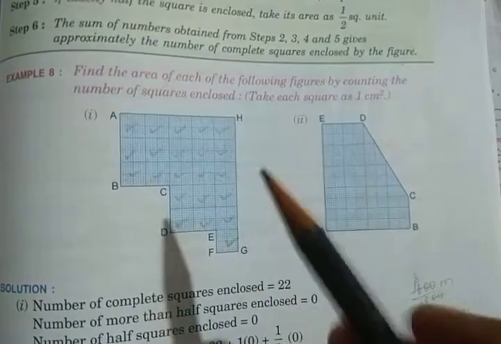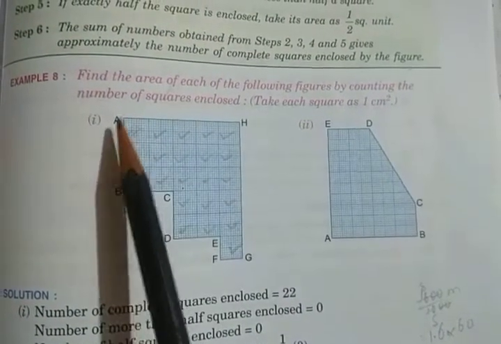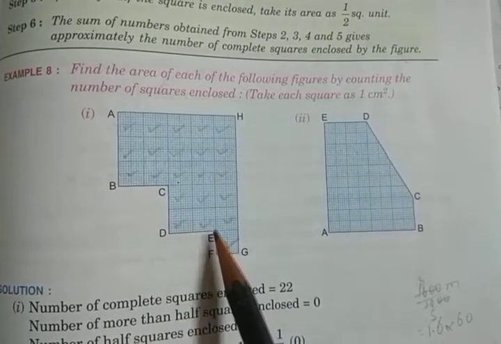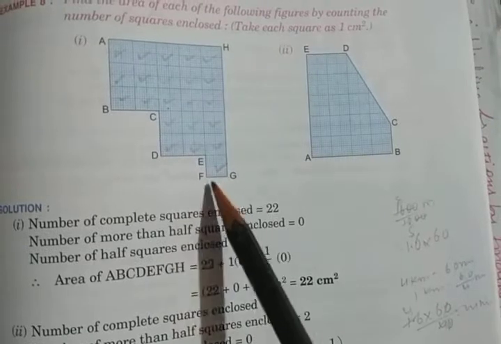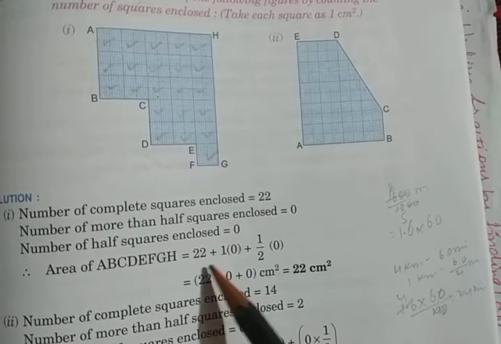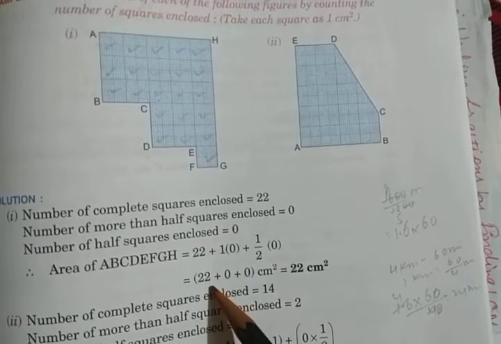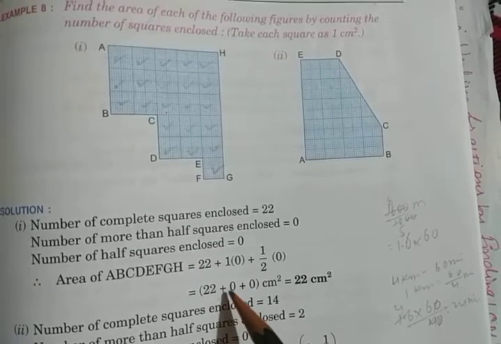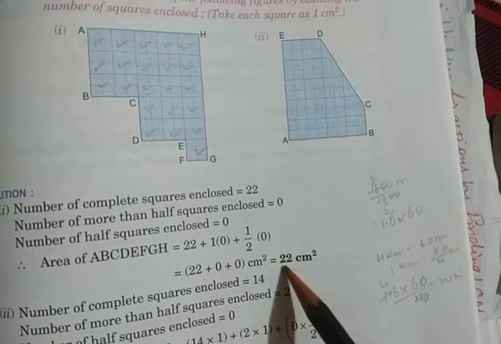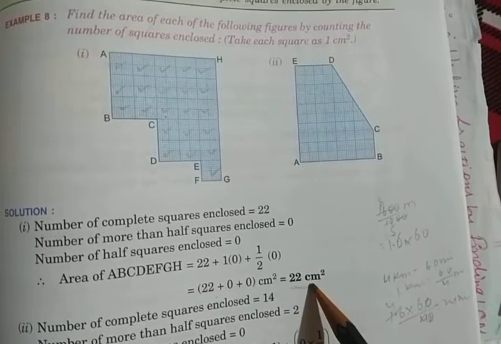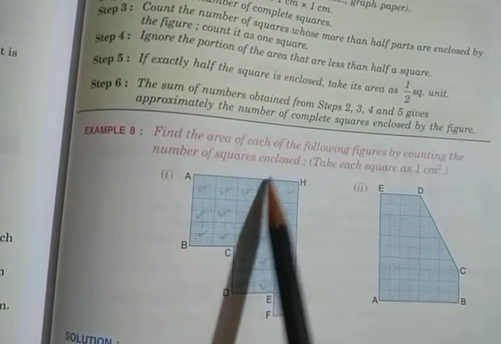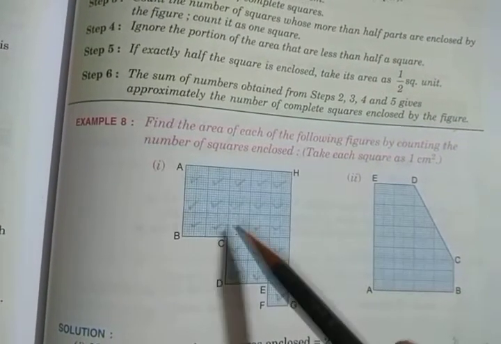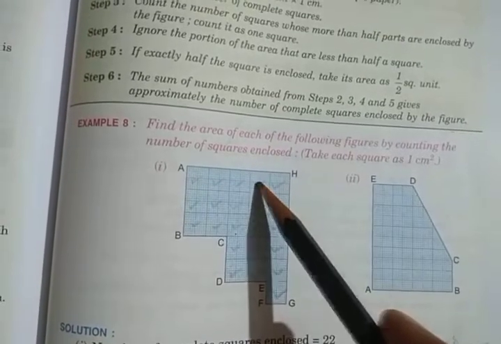So the area of ABCDEFGH is 22 into 1, we get 22 centimeter square. Clear? So here count the number of complete squares. You have to count the complete squares.